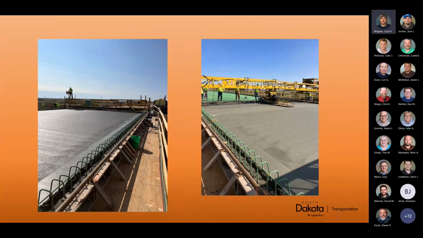So here's a couple pictures of paving a deck. And you'll notice that these lines in the concrete have shown up. Well, they showed up right away. What we found out was that this second pan on the paver, for some reason, was just not sitting level, and they adjusted it multiple times throughout the day, and we just couldn't get these lines to go away.